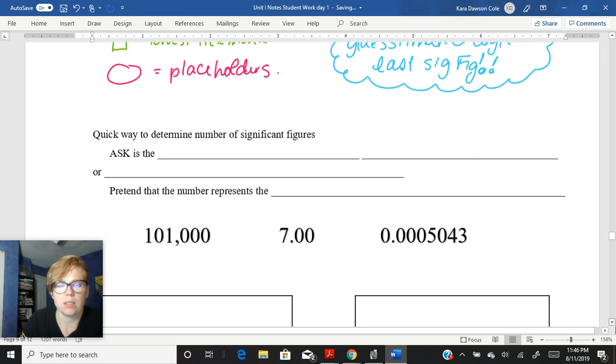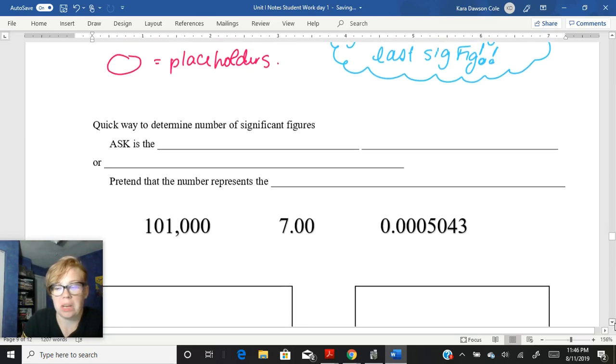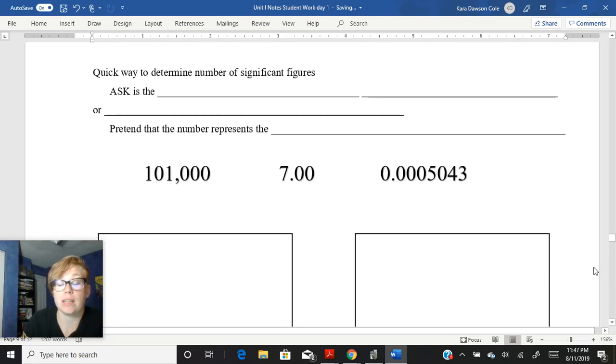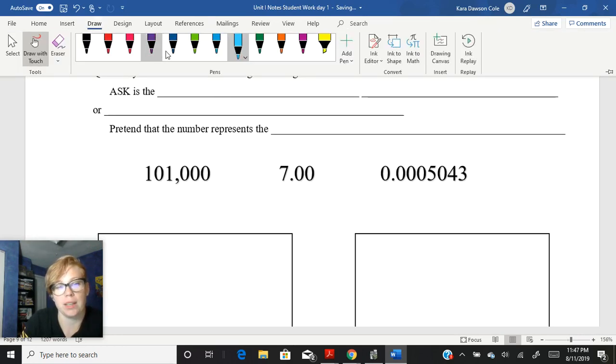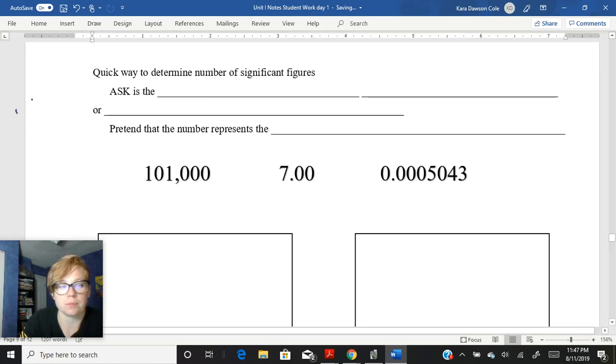Okay, so if that makes no sense to you, there is a quick way to determine the number of significant figures, which would be, in my opinion, a lot easier to remember. So all you have to do is remember the question.